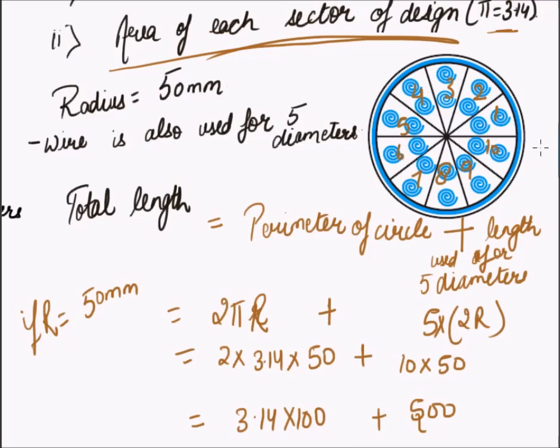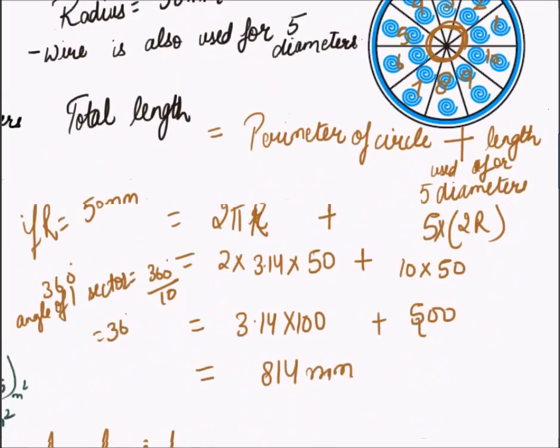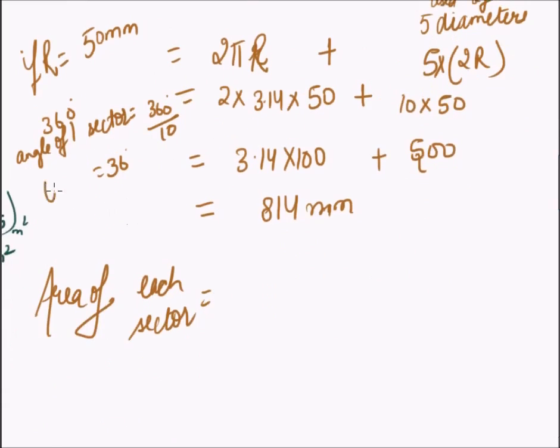We have 10 sectors in all. Now we know that this complete angle is 360 degrees. So the angle of one sector will be 360 degrees over 10, that is 36 degrees. So theta is coming out to be 36 degrees.